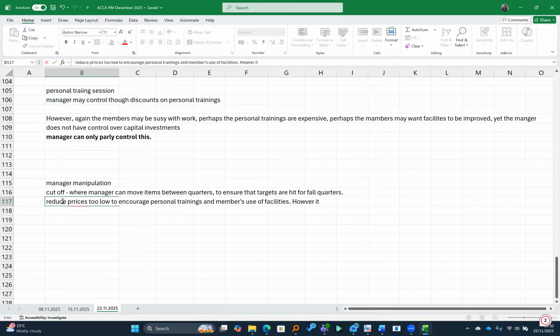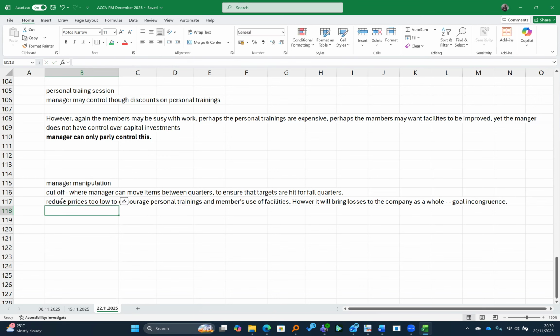However, it will bring losses to the company as a whole, which is the same thing which we talked about, which you call goal incongruence. Because again, the manager is trying to achieve their goals at the expense of the company's goals. So when the company's goals are not aligned with the goals of the manager, that is also not being congruent. So those are the 2 ways that the manager may manipulate.